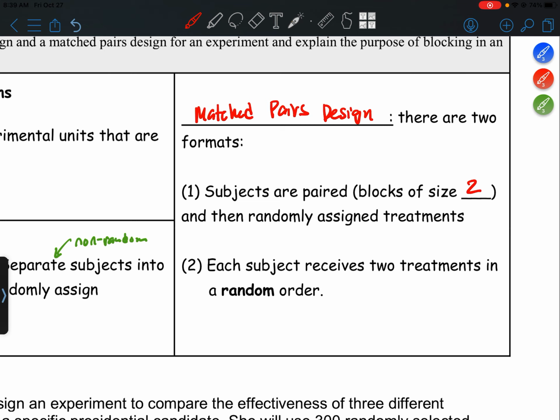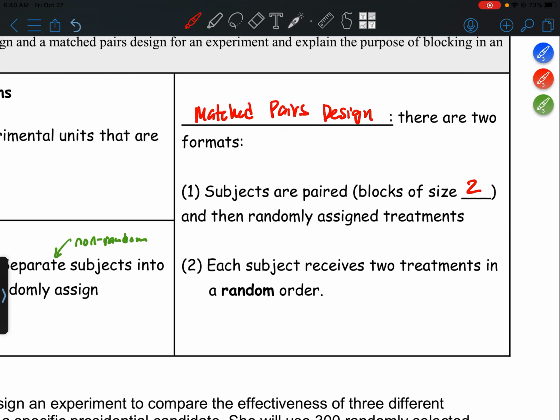During their first attempt, we will provide them with, say, online instruction. And then in their second attempt, we'll provide them with the in-person instruction. Now each subject has taken the SAT twice, which means we have 2 measurements from every subject. Then we can look at the difference in their scores. Did they do better with the SAT with the online class, or did they perform better with the in-person class?